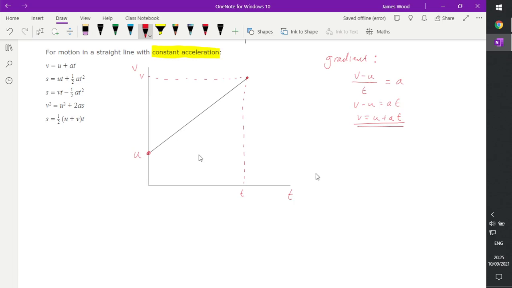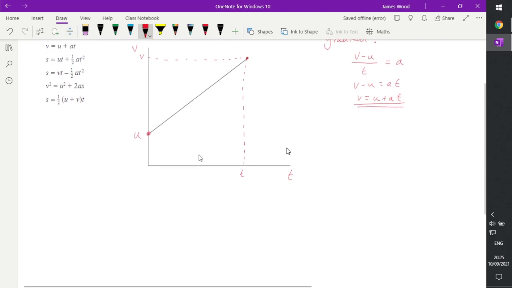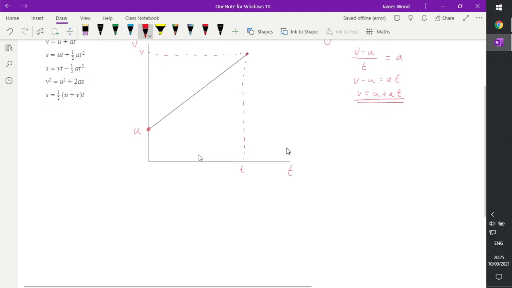Now, for some of the other formulae, these involve displacement, so I'm going to look at the area underneath the shape. Now, one way of finding this area is to just consider it as a trapezium. So I remember the formula for a trapezium normally, if it looks like this, is half a plus b times h, where this is a, this is b, and this is the height. Now here we've got a trapezium on its side, basically. So we can say the displacement, so the area underneath the graph, is equal to half.